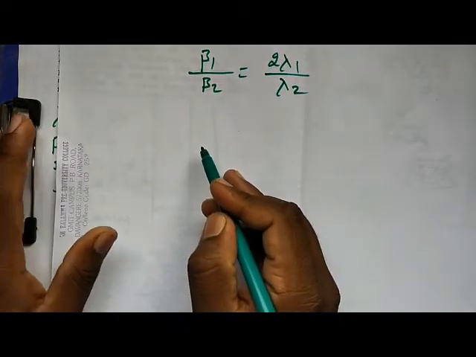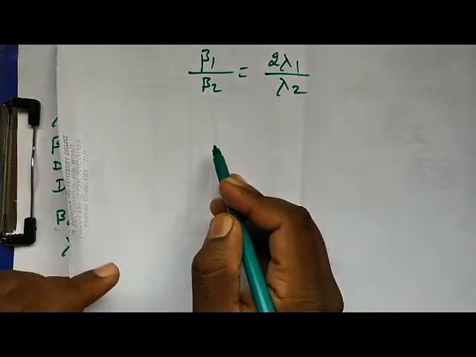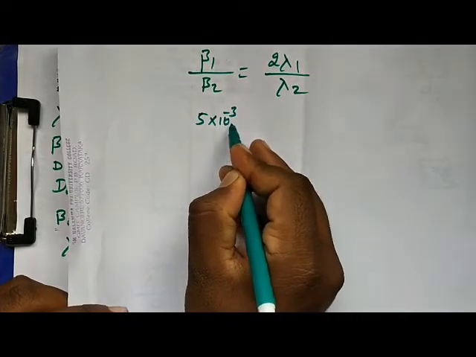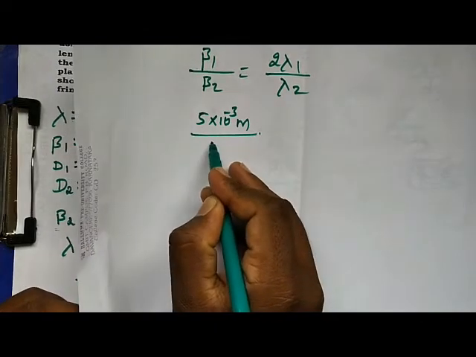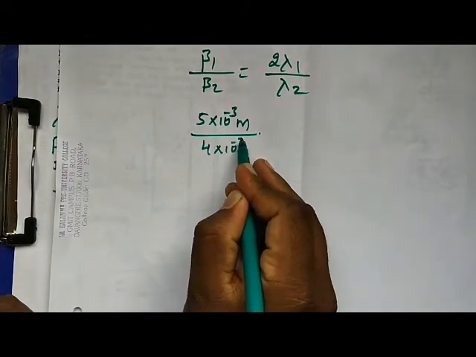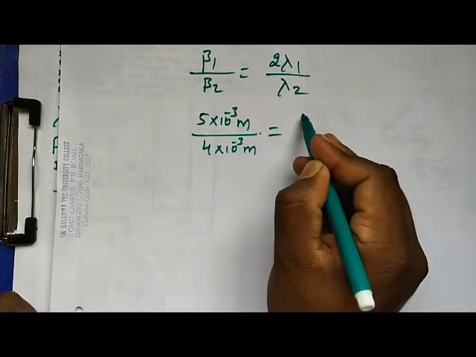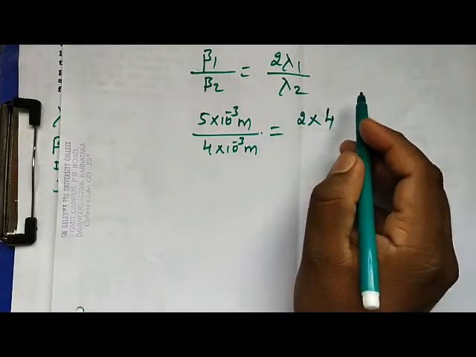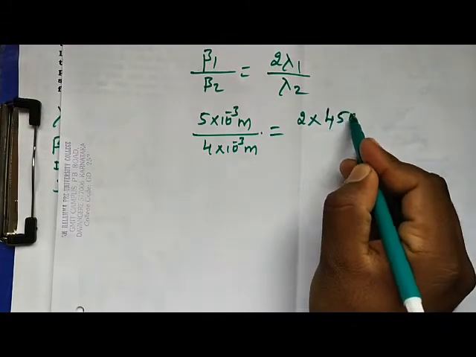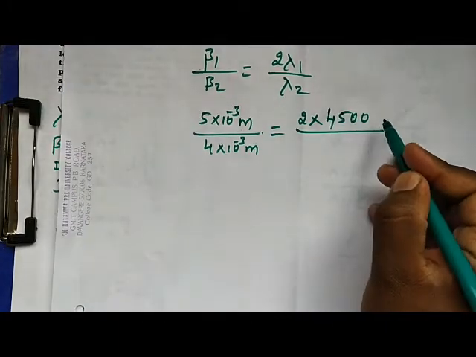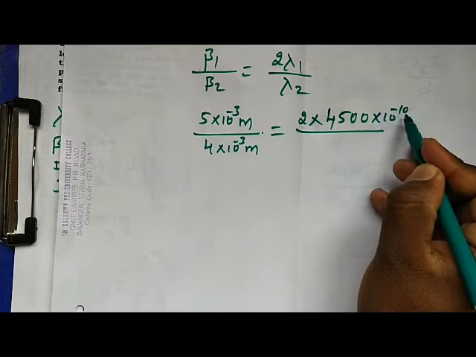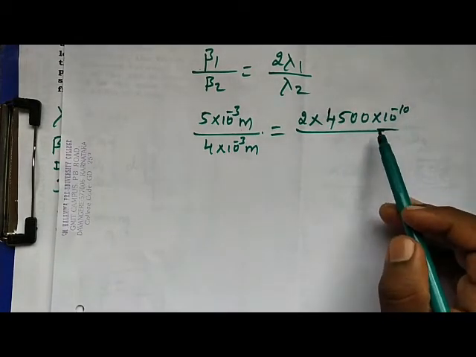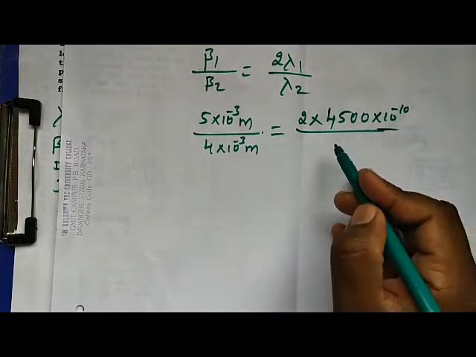Right, the given values. So beta 1, the fringe width, is 5 millimeter, 5 into 10 to the power of minus 3 meter. Beta 2 is 4 millimeter, 4 into 10 to the power of minus 3 meter, which is equal to 2 into lambda, the incident wavelength of light in the first case, 4500 angstrom. 4500 angstrom means 10 to the power of minus 10 meter, angstrom to meter, divided by lambda 2, which we need to find.